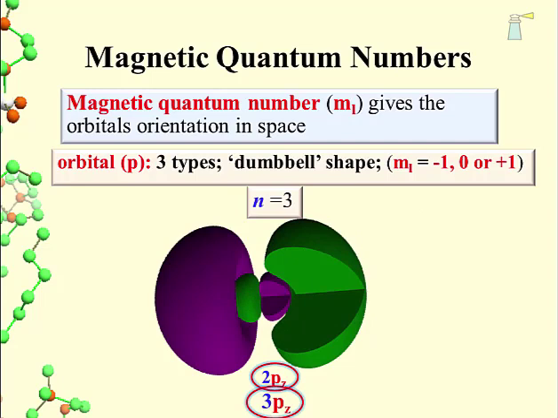Same orientation, same m sub L, but different sizes, different principal quantum number n. A similar argument could be made for 3px and 2px, or 3py and 2py orbitals. Actually, a similar argument can be made for 4pz surrounding 3pz. Bottom line, the larger the n, the larger the orbital.